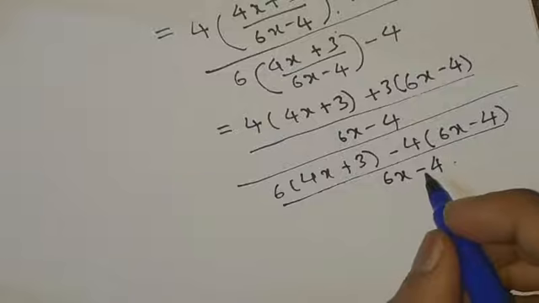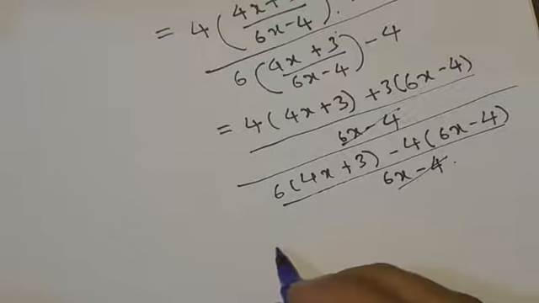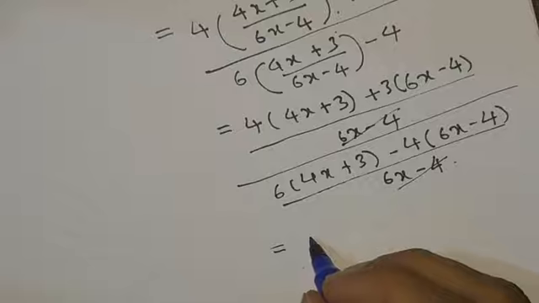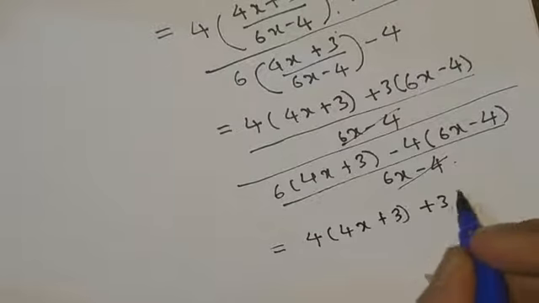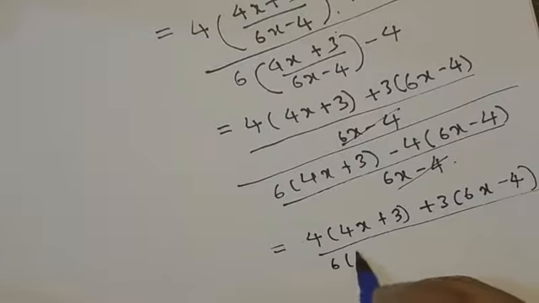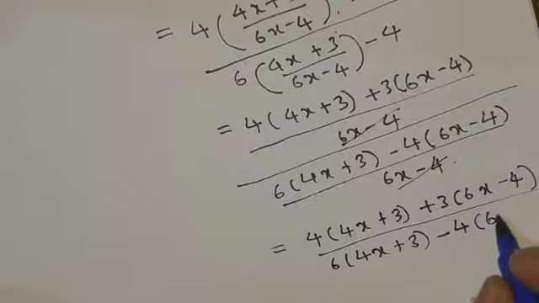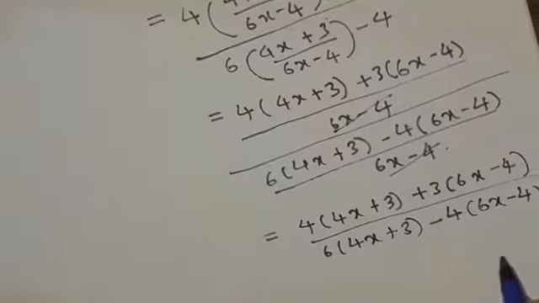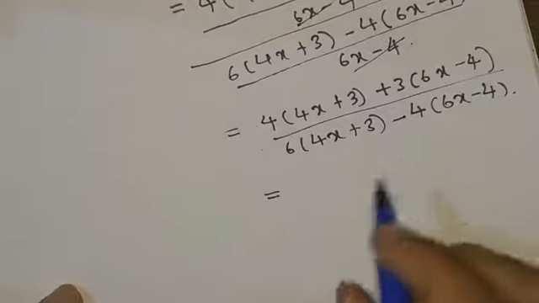Okay. So here you see that 6x minus 4, 6x minus 4 will get cancelled and you will get this equal to 4 multiplied by (4x plus 3) plus 3 multiplied by (6x minus 4) divided by 6 multiplied by (4x plus 3) minus 4 multiplied by (6x minus 4).